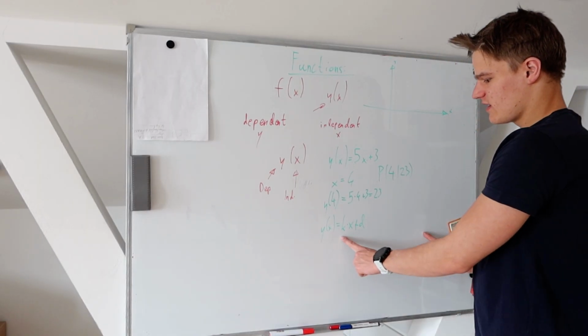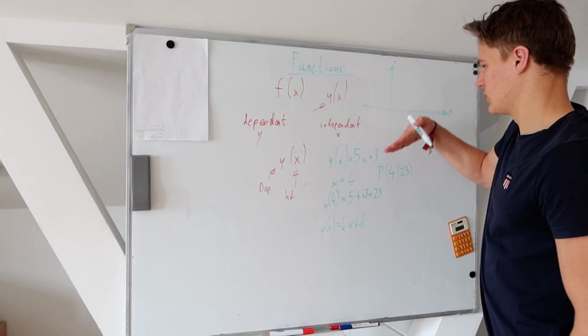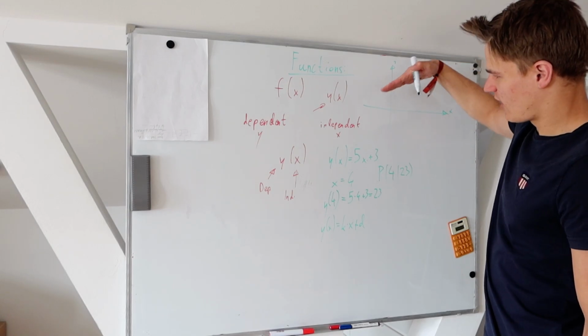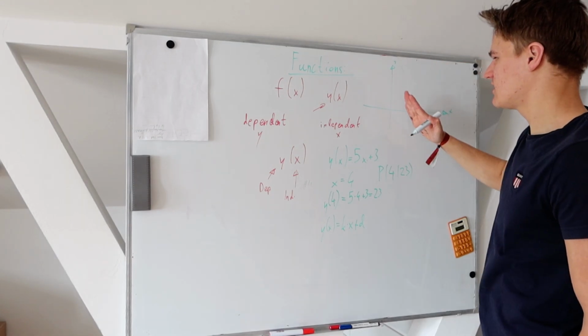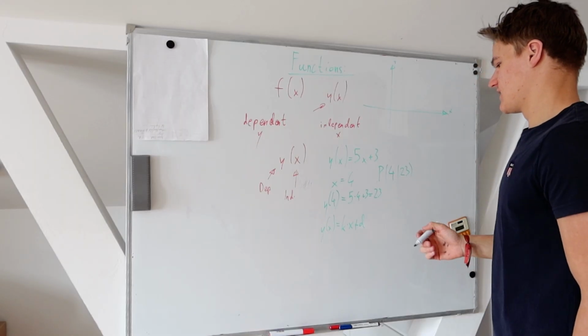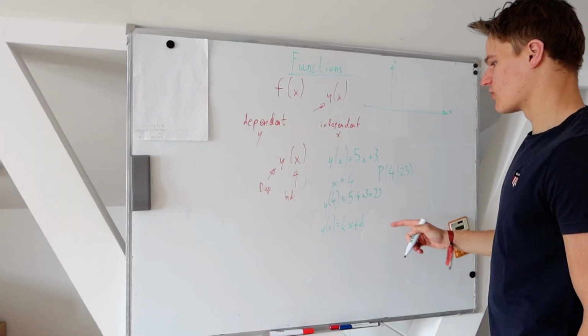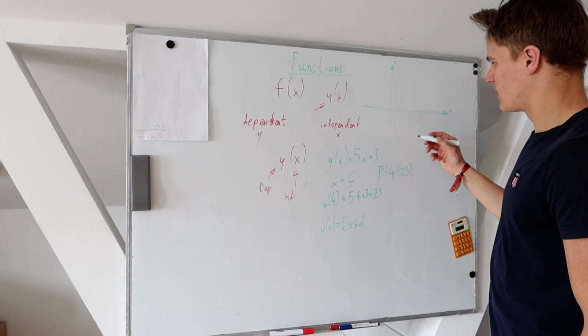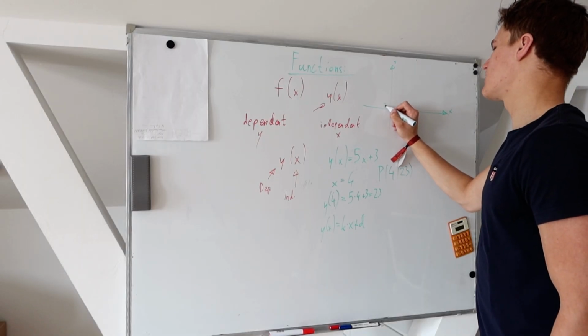And k is the factor for how steep it is, and if it's an incline or a decline, in this example here. So if we were to sketch this function right here, we could say 3 is here, right?